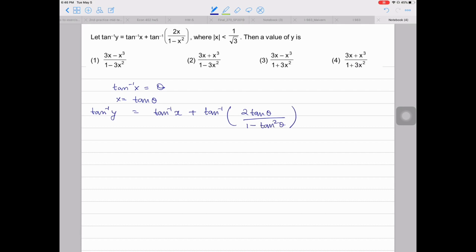And if we remember our trigonometric identities correctly, then we have tan of 2 theta equals 2 tan theta over 1 minus tan squared theta. So then our tan inverse y becomes theta, since tan inverse x is theta, plus tan inverse of tan 2 theta. And tan inverse of tan 2 theta is 2 theta, so that is basically 3 theta.